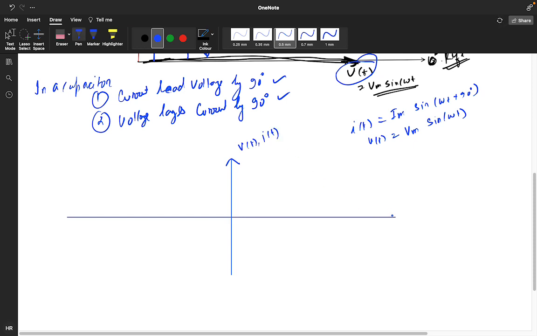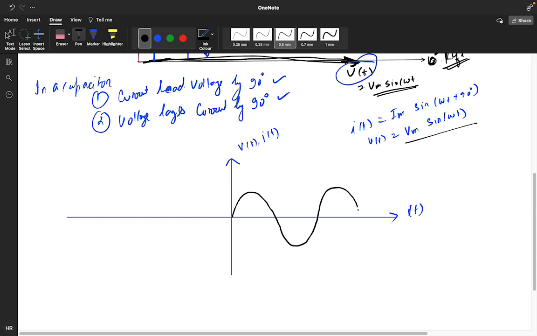I'm plotting both in the same graph. This is the time period. What is the curve of V of t? V of t will start from here and go like this.